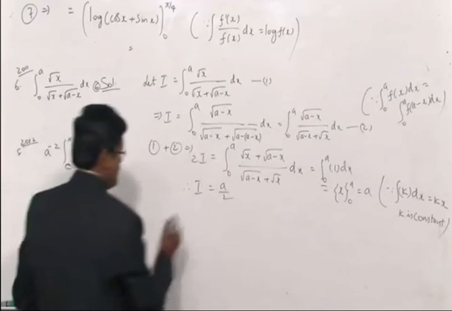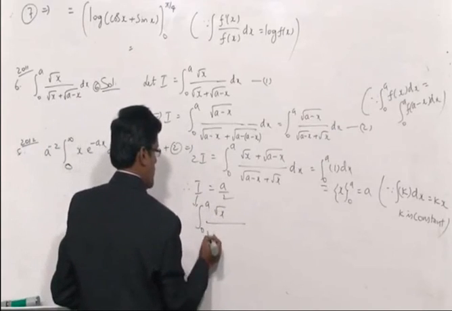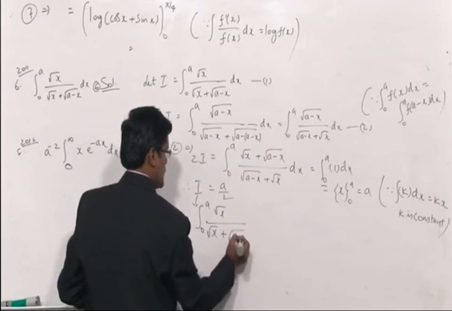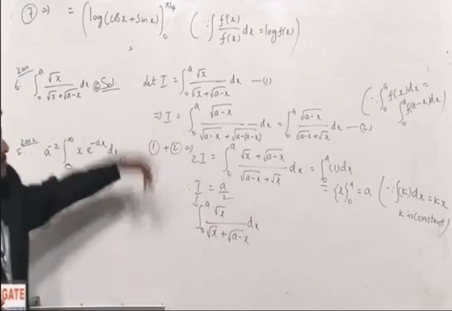Now what is this I? The integral from 0 to a of root x by root x plus root over a minus x, whose answer is a by 2. This is the procedure.